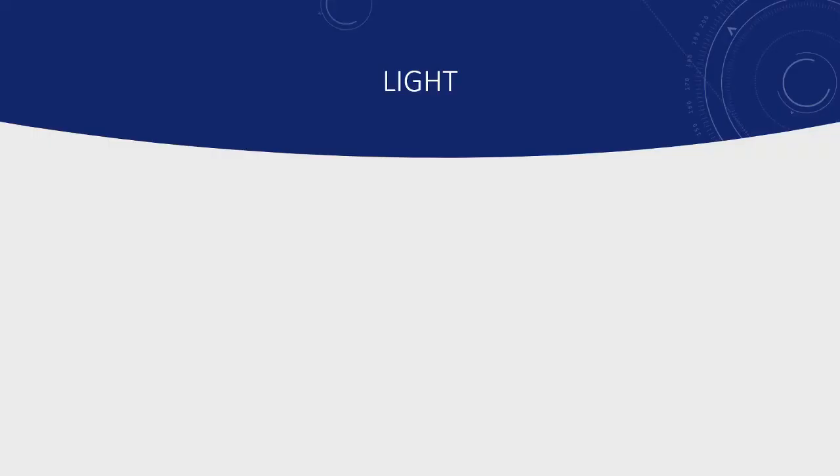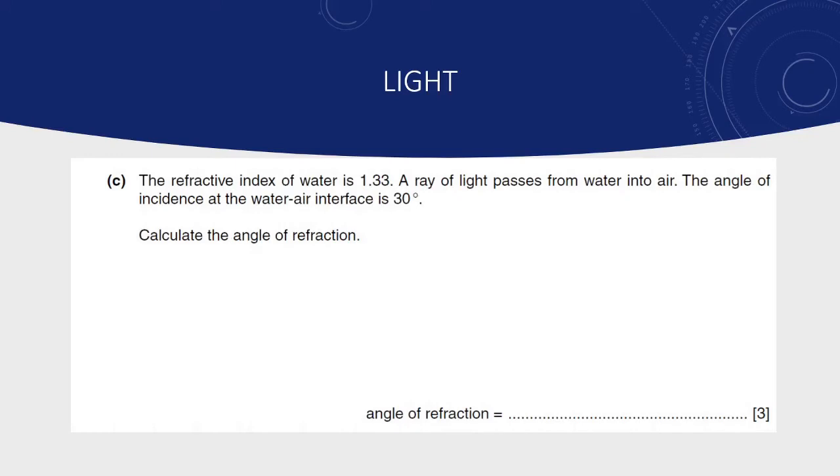Next question. The refractive index of water is 1.33. A ray of light passes from water into air. The angle of incidence at the water-air interface is 30 degrees. Calculate the angle of refraction. To calculate the angle of refraction, use this equation.